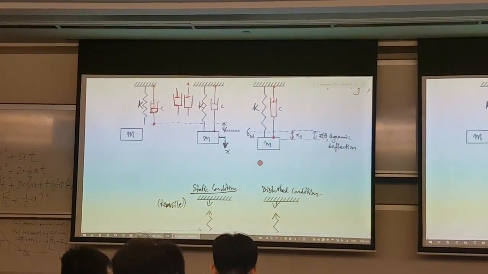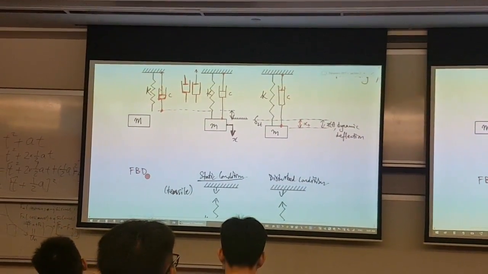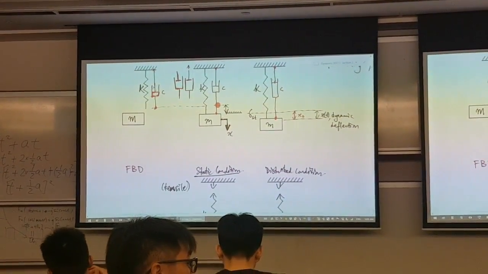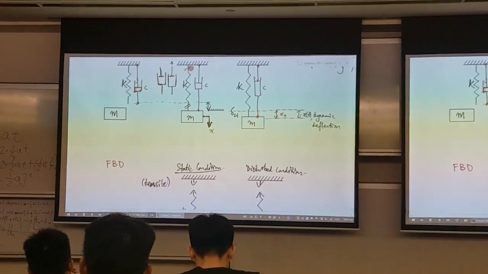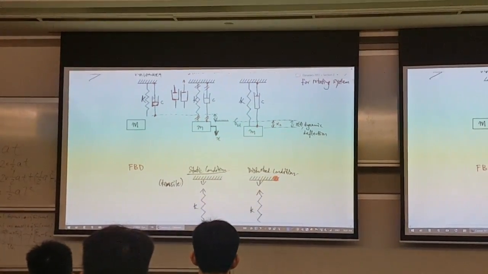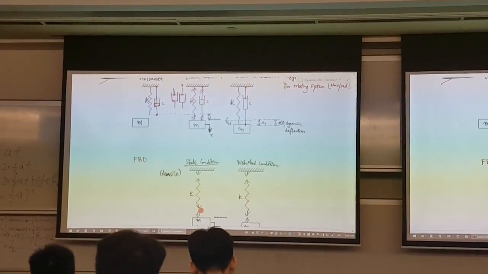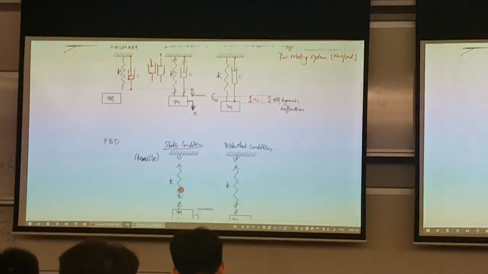So let's have a look at the free body diagram. In order to sketch a free body diagram, we need to cut these two ends. If we were to do that, for the spring, it's going to look like that because the spring will be under tension.